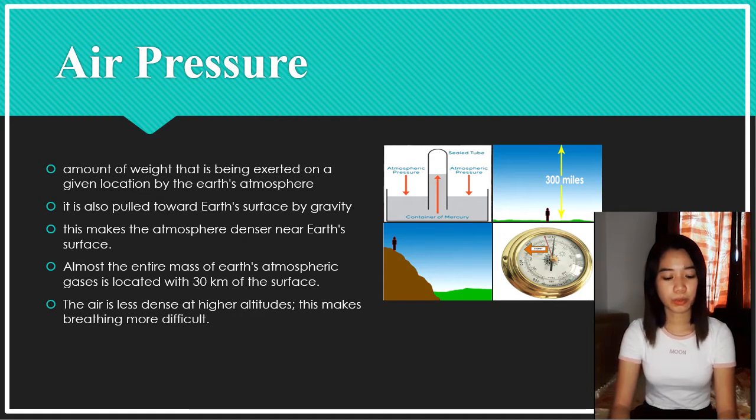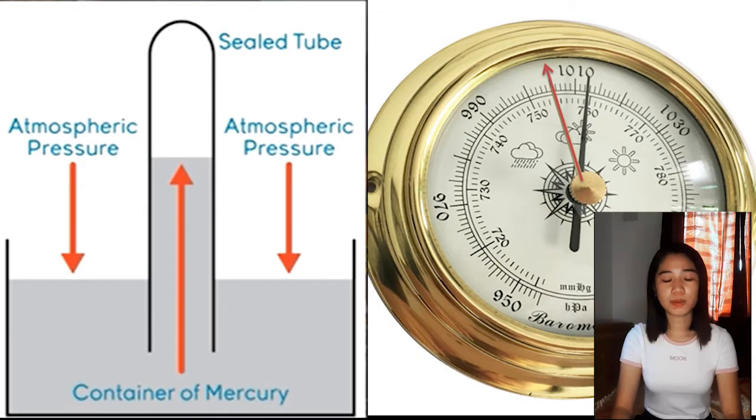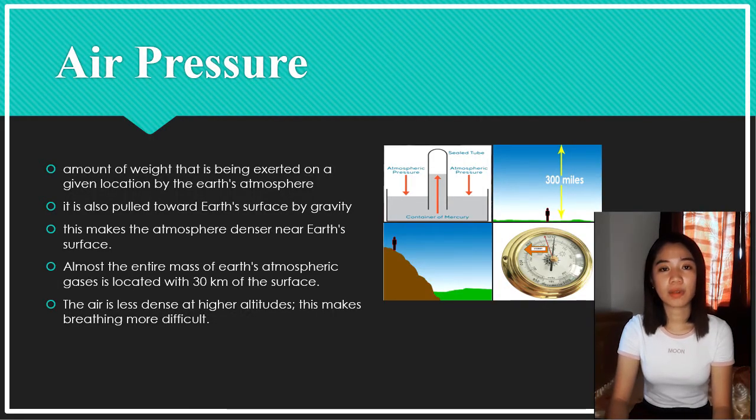However, if you look at weather forecasts, you have probably heard your local meteorologist refer to air pressure measurements as the barometric pressure, because we use an instrument called a barometer to take those measurements. In the United States, they measure air pressure in inches of mercury, while in other parts of the world, they use millibars.